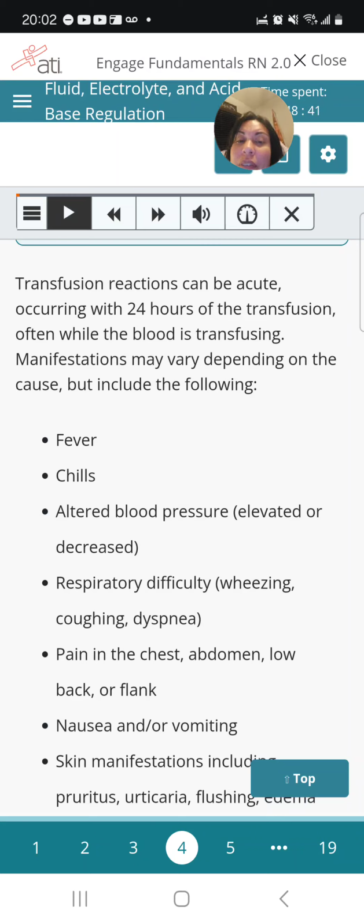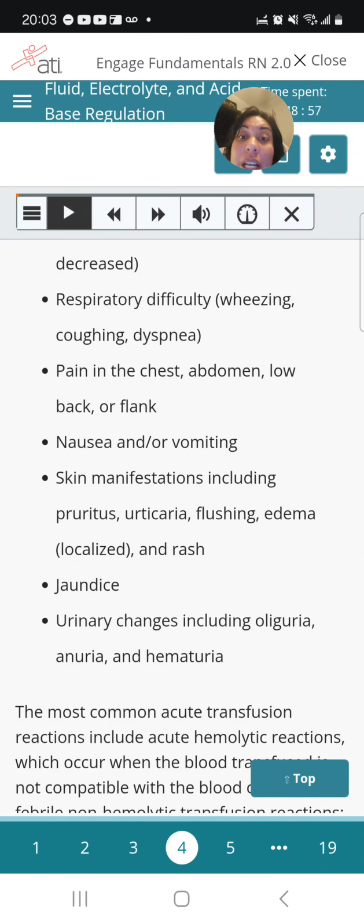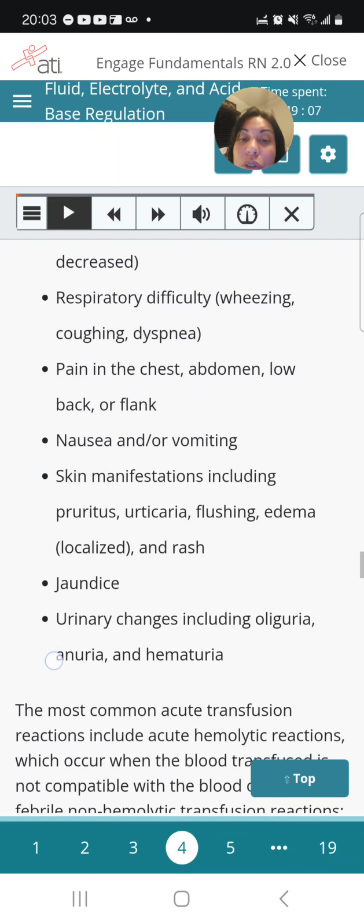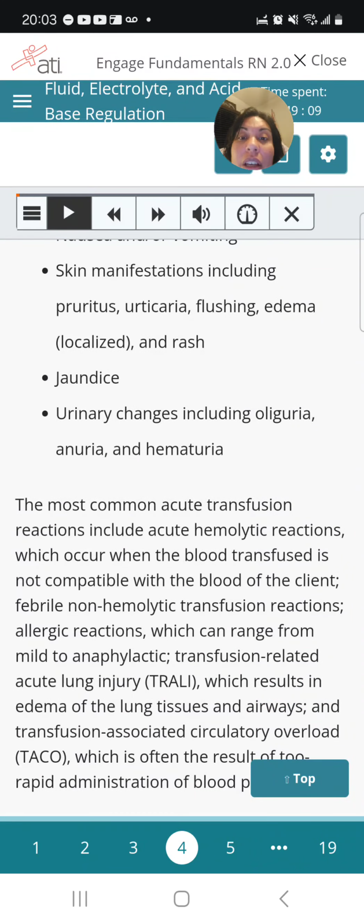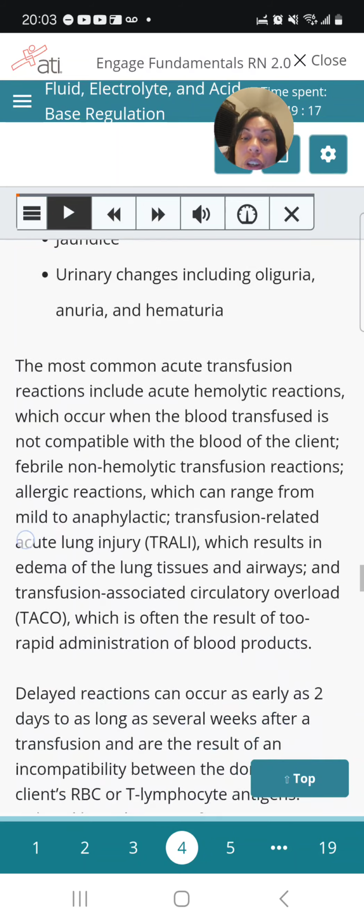Manifestations may vary depending on the cause, but include the following: fever, chills, alteration of blood pressure, elevated or decreased, respiratory difficulty, wheezing, coughing, dyspnea, pain in the chest, abdomen, low back or flank, nausea or vomiting, skin manifestations including pruritus, urticaria, flushing, localized edema and rash, jaundice. Urinary changes include oliguria, anuria, and hematuria.